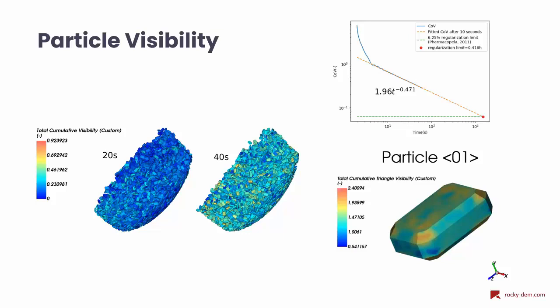So you can see if it may happen that one surface of the particles is not equally coated as another surface of the particles. So this script is very cool because it allows you to check the visibility based on the exposure of that triangle surface to the camera, and also get the distribution of this visibility over the surface of the tablet.